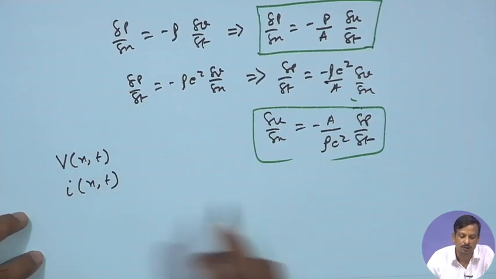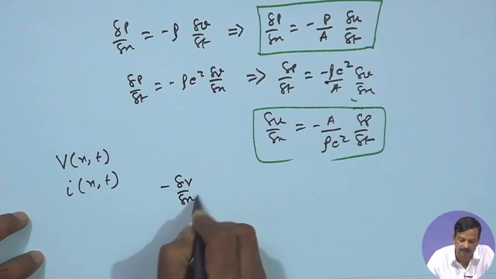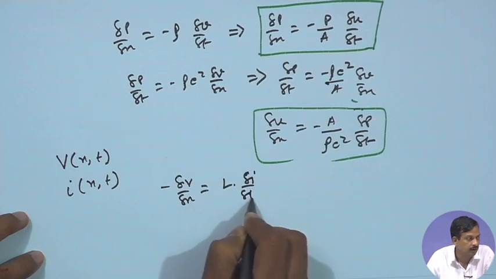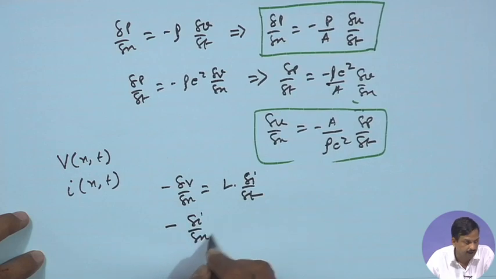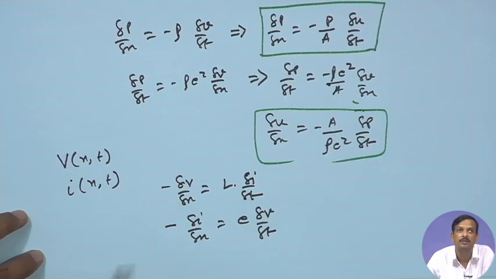In that case, minus del v by del x is equal to L into del I by del t. Similarly, minus del I by del x is equal to C into del v by del t.